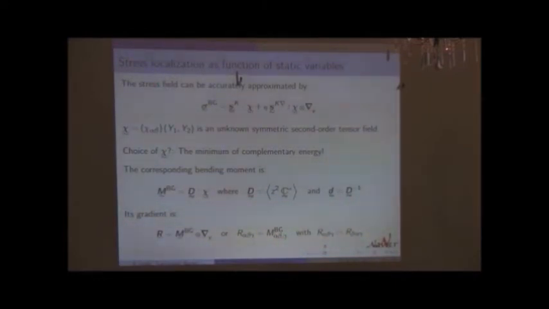But the only interesting information I want to keep from the asymptotic expansion is that I can have an interesting approximation of the stress in the plate expressed as the bending stress related to the curvature and a transverse shear stress related to the gradient of the curvature. That's the only information I will keep for now. And note that I've noted chi instead of k, because I don't expect it to be the exact curvature tensor. Okay.